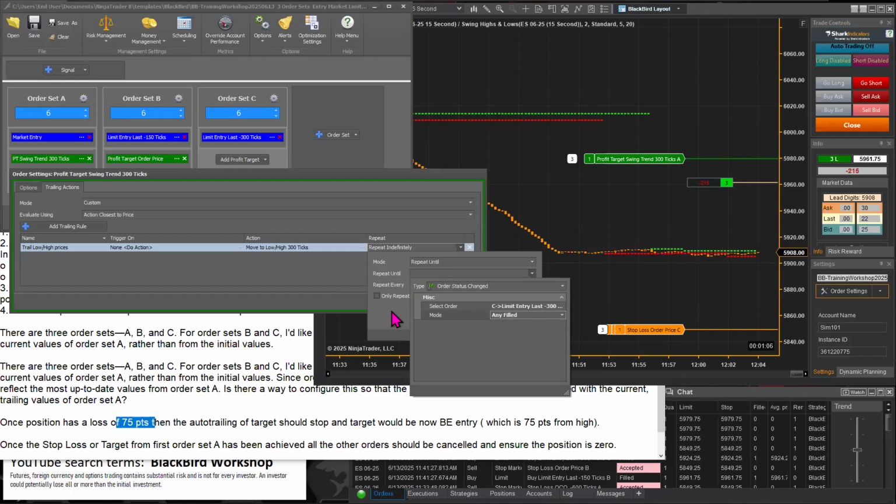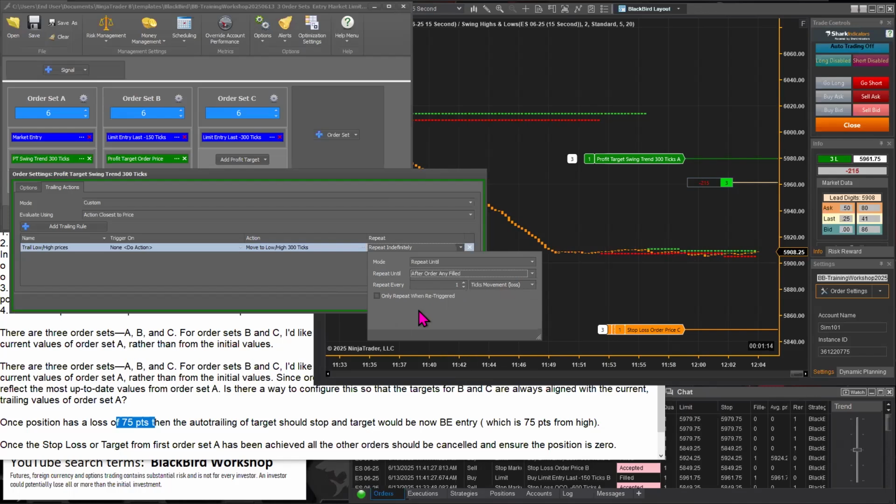And if you wanted to stop the trailing a tick or two before this 75 points, just to give yourself a little margin of error, then we could set the repeat to every 2 ticks of movement.